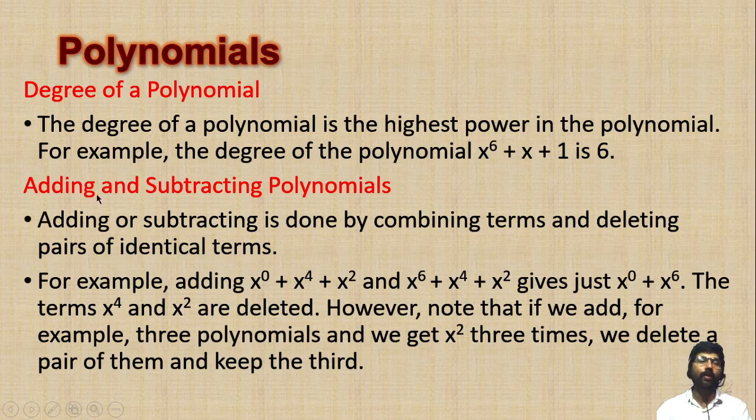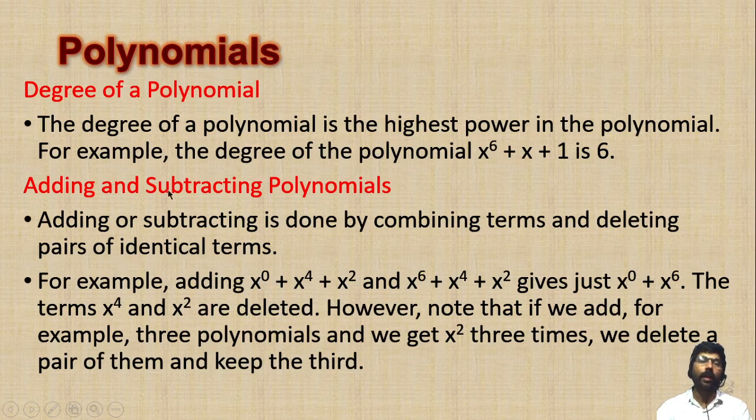Now how will the adding and subtracting be done? Very simple. Identify the terms which have the same power. For example, x raised to 4 and x raised to 2 have the same power here. So I just delete these terms. I got x raised to 0 plus x raised to 6.